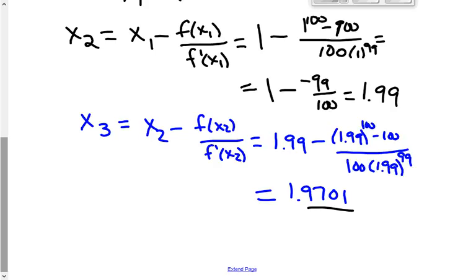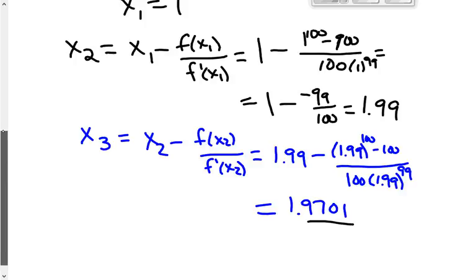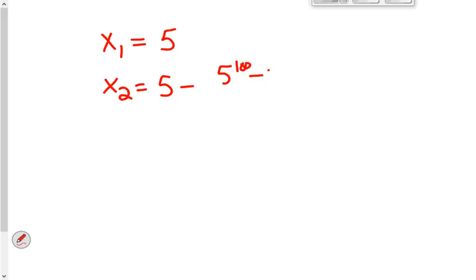But what if I guessed something else? What if my initial guess was 5? Well, x2 would be 5 minus 5 to the 100 minus 100 over 100 times 5 to the 99. And what would this part be?